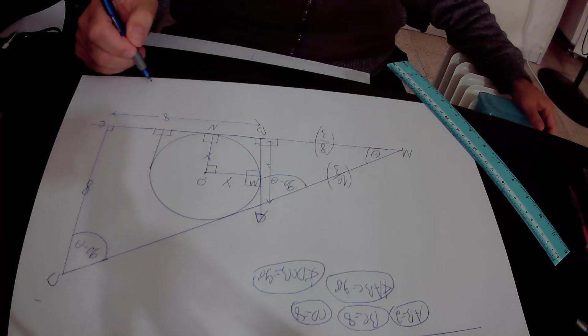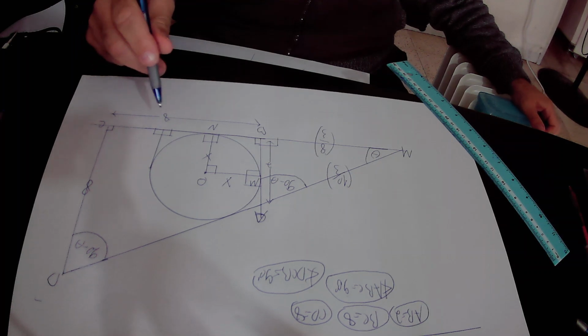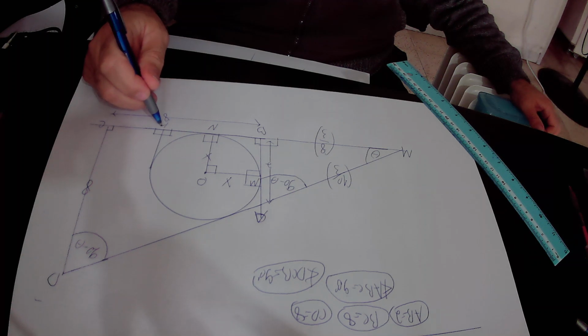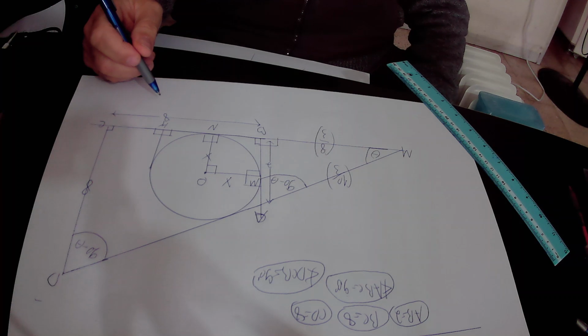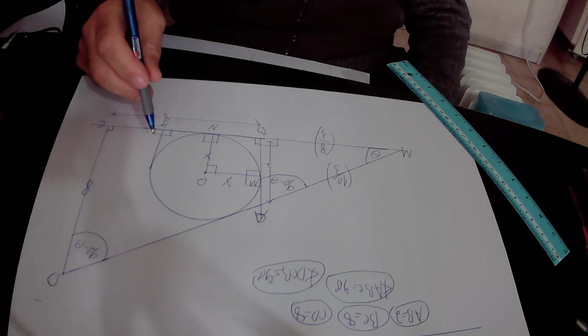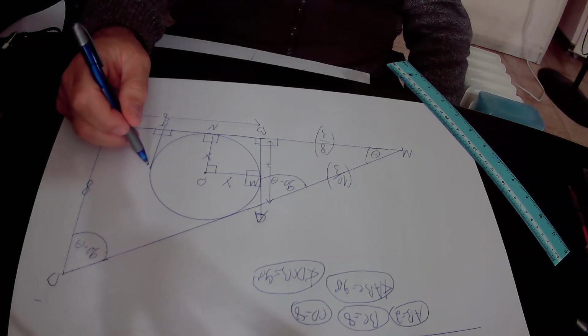We define the touching point between the perpendicular and BC as K. We define the point of tangency of the perpendicular with the circle as H.